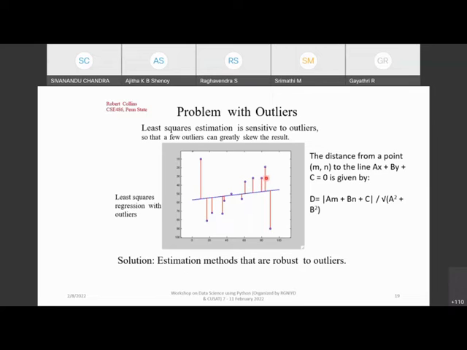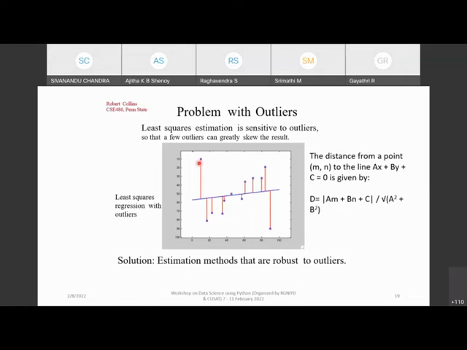In least square fit, you find the squared error, take the sum of that, and your aim is to minimize the squared error. Outliers will create a problem here because they will add more error to the total error that you are going to calculate. Therefore, even though this line is a good fit, your least square method may say that it's not a good fit because the error will increase when you include this particular point.